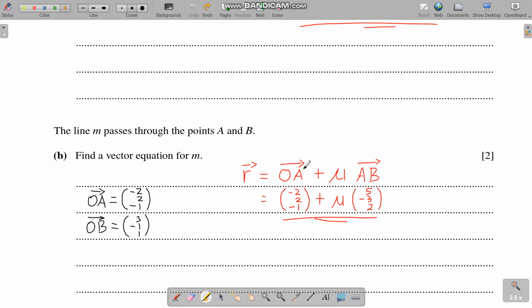Here we're using point A, which is (2, -2, -1), and for the vector AB, that would be B minus A. So the coordinates of B minus A: 3 minus 2 gives 5, 1 minus 2 gives minus 3, and 1 minus 1... Okay, so that's how we find the vector AB. So that's it for 2 marks.